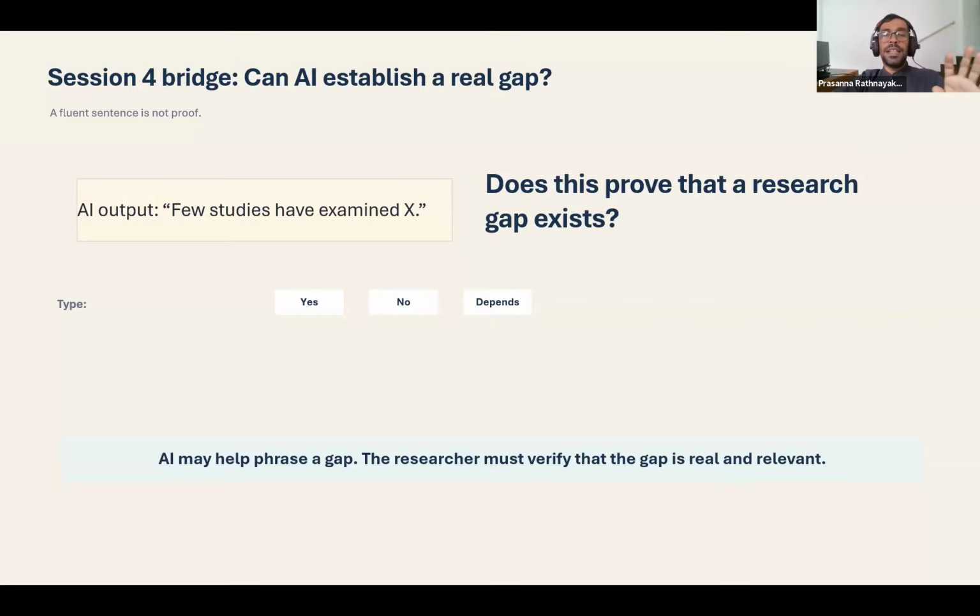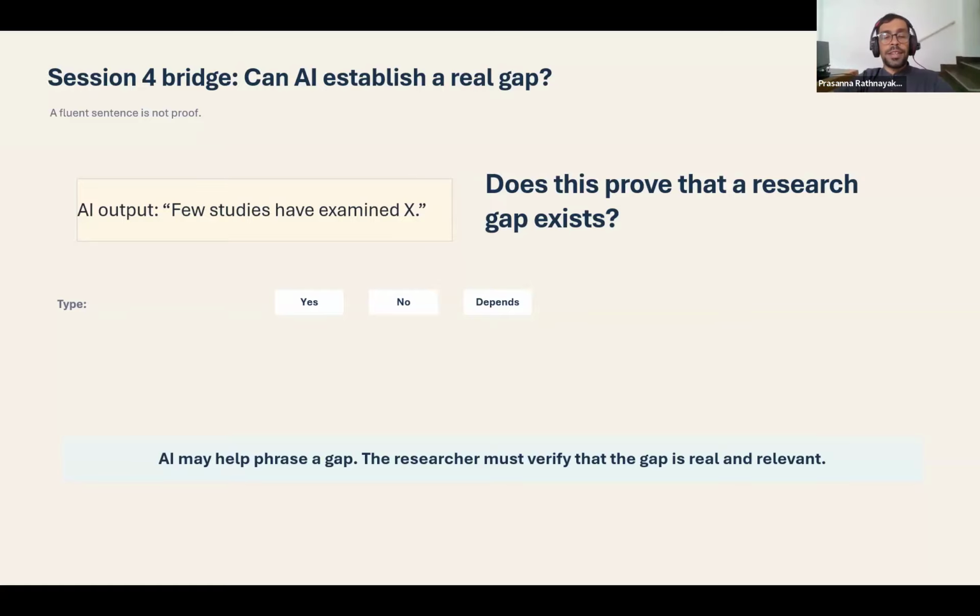Letting AI decide whether there is a real gap is not something you should do. Questioning it, which research, what content of the research, what is unresolved, and why that absence matters, are all things that you as the researcher have to defend.